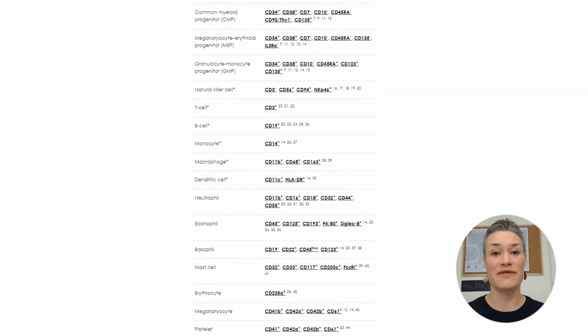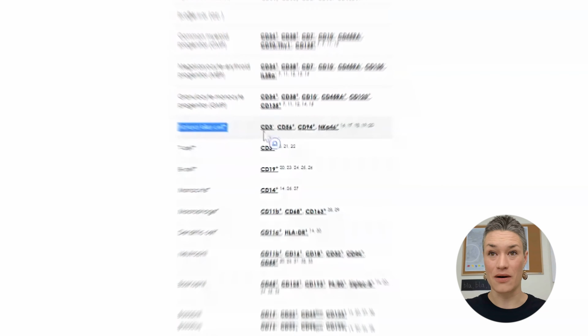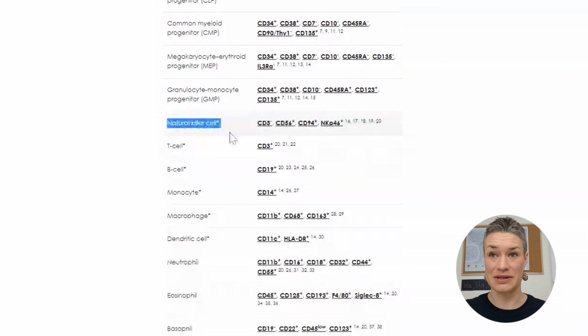And we can visualize those different populations with immunohistochemistry markers or immunofluorescent markers. Basically, those markers that make them pop out in the tissue. They can be chromogenic markers that you can visualize in bright field microscopy or immunofluorescent markers. But here are examples of markers of natural killer cells, for example, CD3, CD56, CD94, and NKp46.